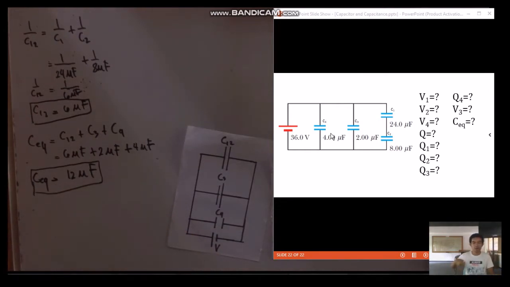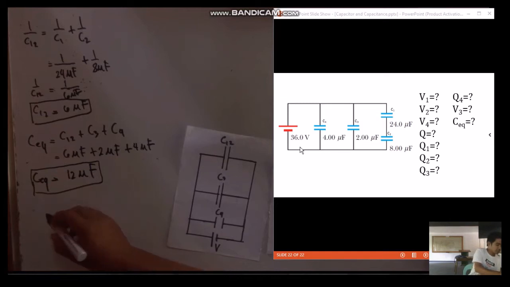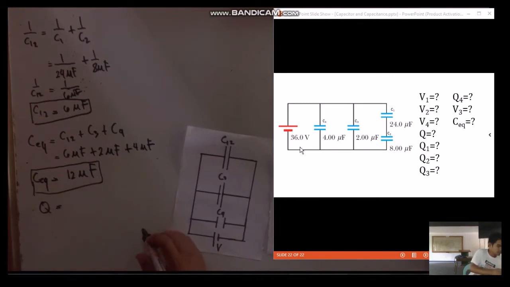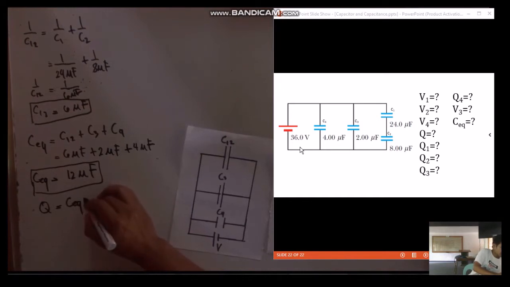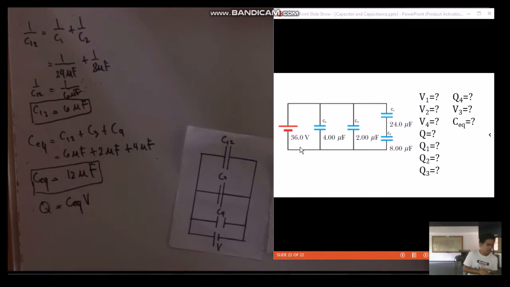Next, the total voltage is given already, which is 36 volts. Next is the total charge of the circuit, or the charge of the equivalent capacitance. Since capacitance equals charge over voltage, the total charge must be equal to the equivalent capacitance times the total voltage.